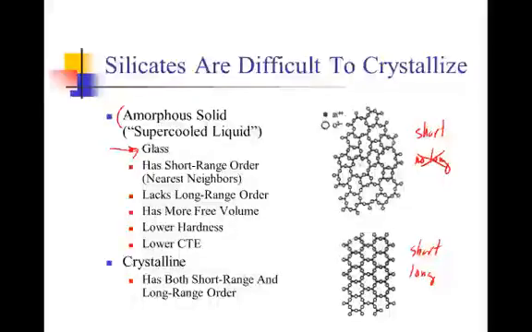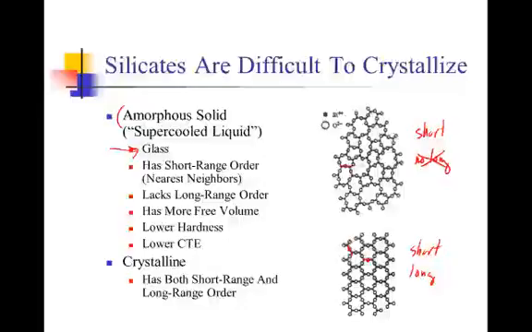In the silicate crystal, each oxygen ion has two silicon ions that it's connected to. This oxygen has two silicon ions it's connected to also. And the same thing can be said of the amorphous structure. Each oxygen bridges two silicons with each other. So they have the same short range order.